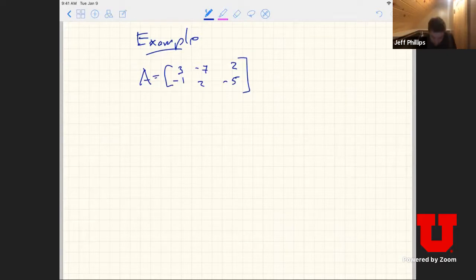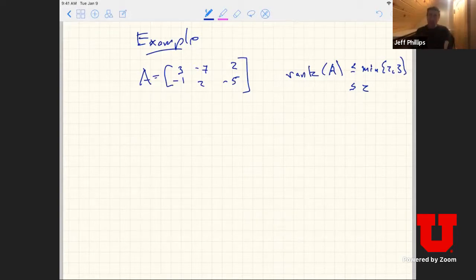The rank of A is going to be less than or equal to the minimum of 2 and 3, since this matrix is 2 by 3. Even though there are 3 columns, I can't have a rank of 3 because I only have 2 rows. So the rank is at most 2. I don't have to worry about 3 columns being linearly independent. That can't be possible.